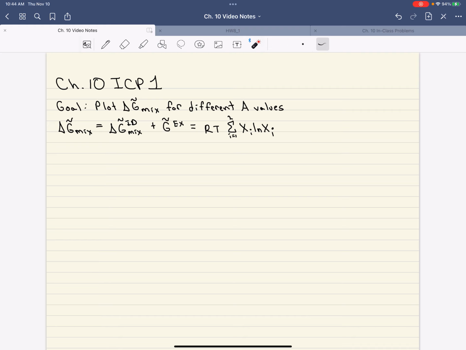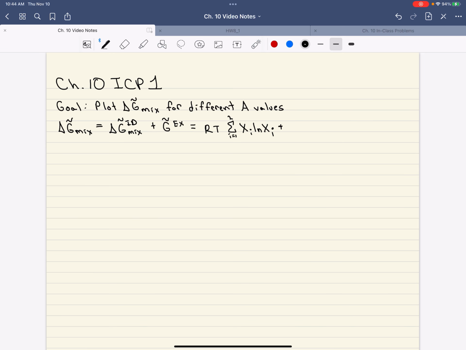If xi is 1, or between 0 and 1, then the natural log of that fraction is going to be negative. So due to the entropy of mixing, the delta G of mixing for an ideal solution is negative. That's what this term accounts for.